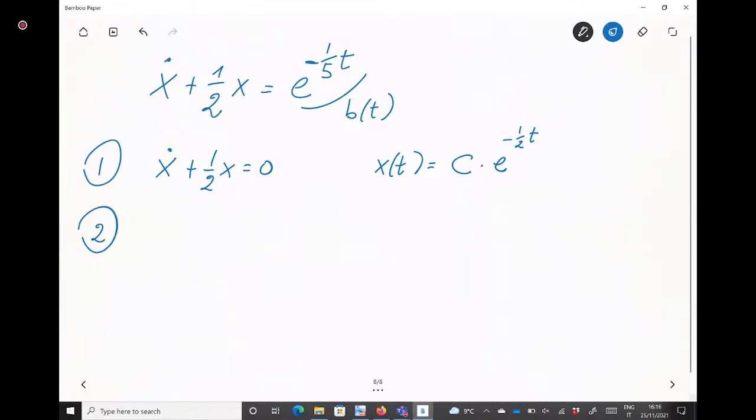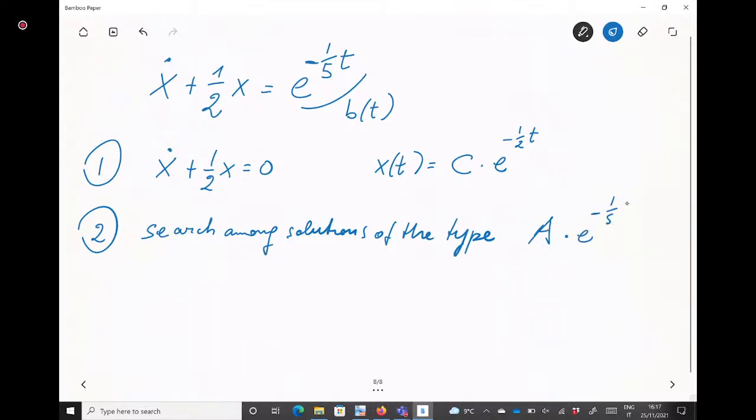Search among solutions of this type. This is an empirical rule which works perfectly in this case. Capital A, a constant, times exponential minus 1 over 5t. So remember, keep the same exponent that you have here, but be more general, possibly multiply by a constant.